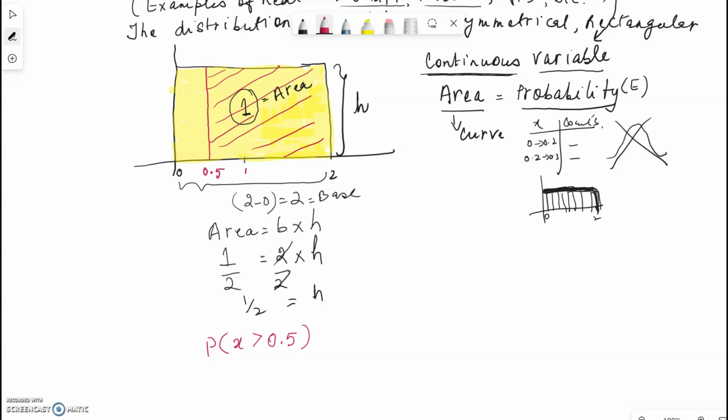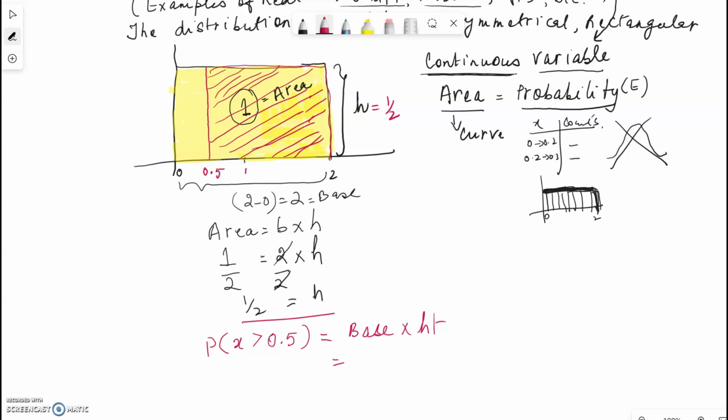Which means, notice what I'm shading here. I need to figure out the total area that I've shaded in red. And that is, again, a rectangle. So it's base times height. We already know that the height is half. We figured it out here. The height is always the same.